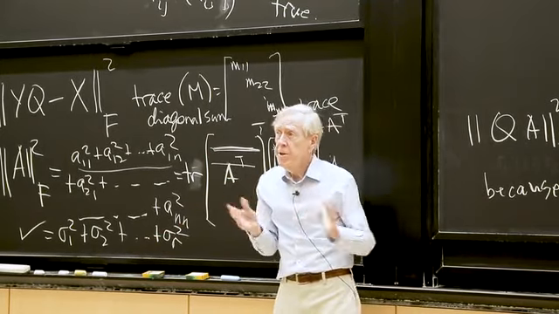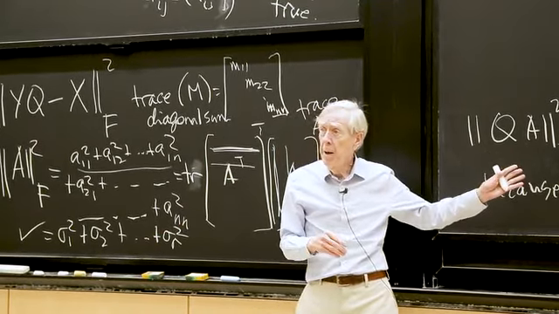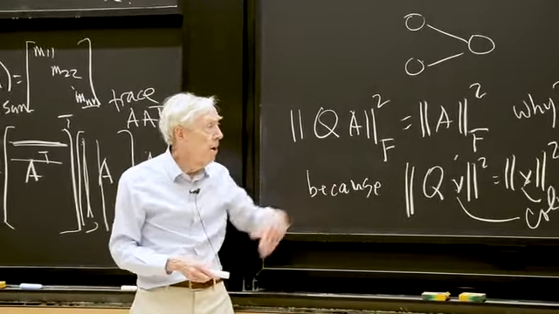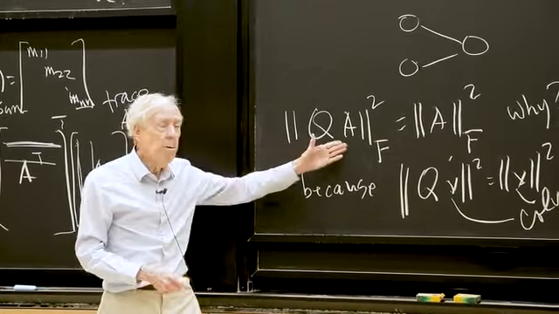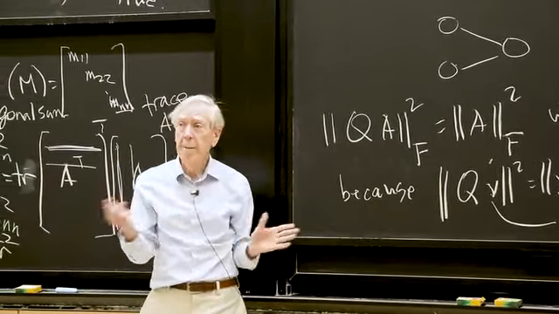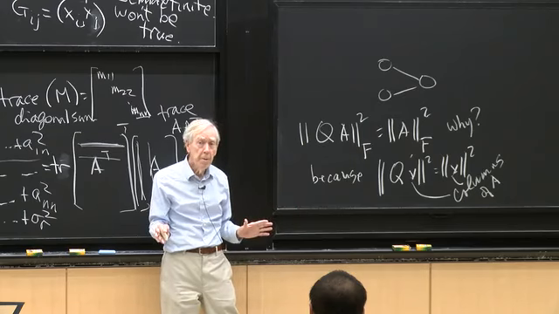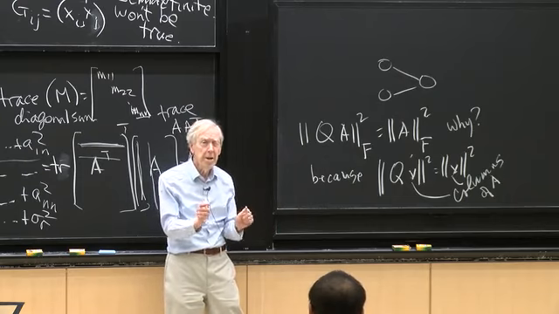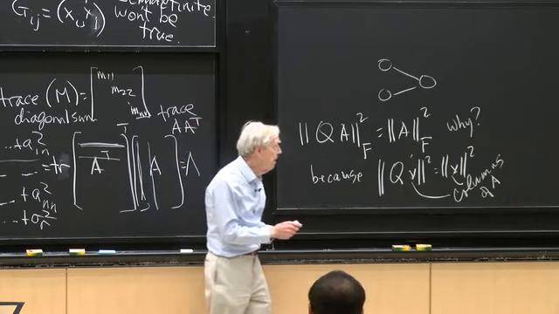So what does Q do to the sigmas? I want to see in another way the answer to why. If I have a matrix A with singular values, and I multiply by Q, what happens to the singular values? Don't change. That's the key point about singular values.